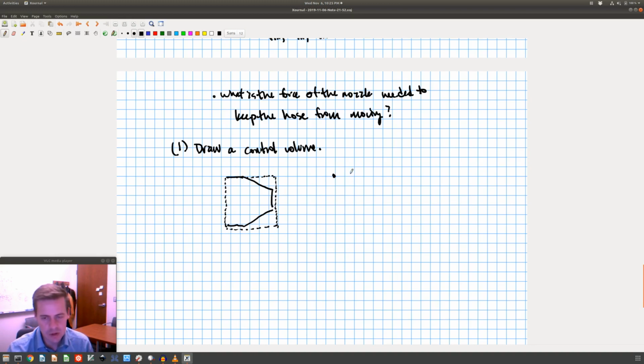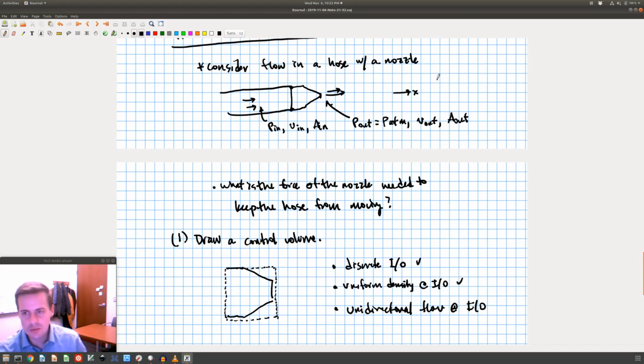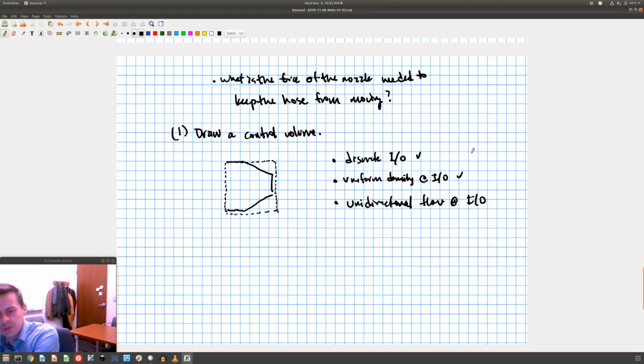Let me just check my assumptions. Discrete inputs and outputs, check. Uniform density at the inlets and outlets, yes. What about unidirectional flow at the inlets and outlets? I didn't say anything about that, so let's assume turbulent flow. That's a pretty good assumption for a nozzle where water's moving fast.